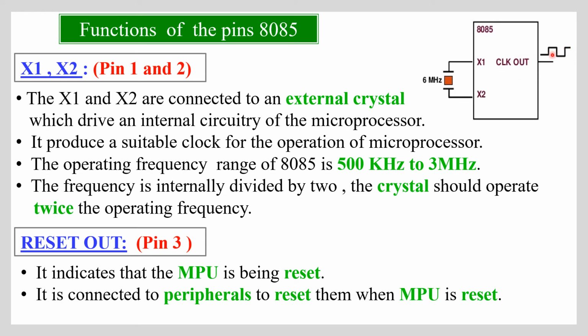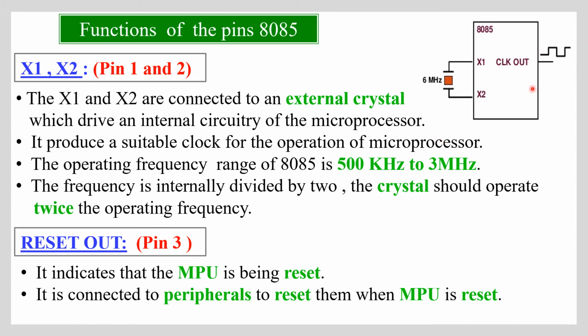Okay, and it generates a clock out that we are going to study. So this is connected to an external crystal which is responsible to drive the internal circuit of the microprocessor.